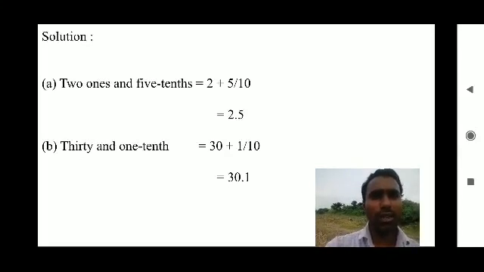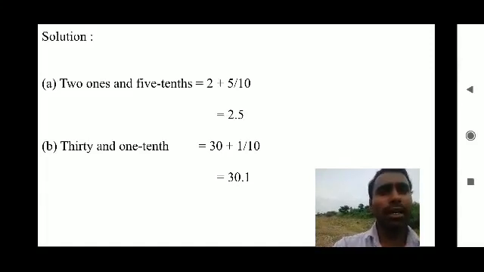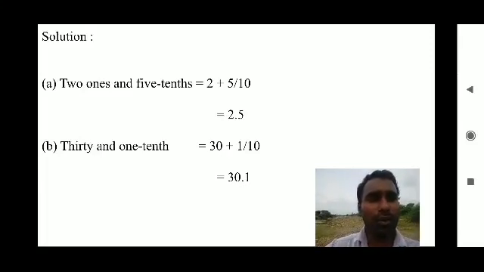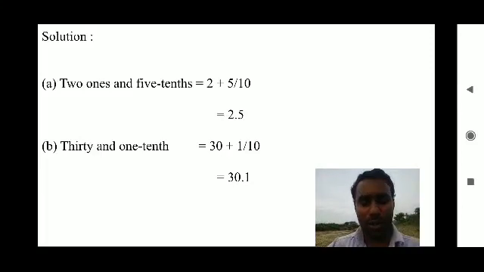2 ones and 5 tenths means 2 plus 5 by 10, because 2 ones means 2 into 1. And 5 tenths means 5 by 10. This is a fraction, so we have to change the fraction into decimal. Simply divide that: 5s are 5, 2 5s are 10.